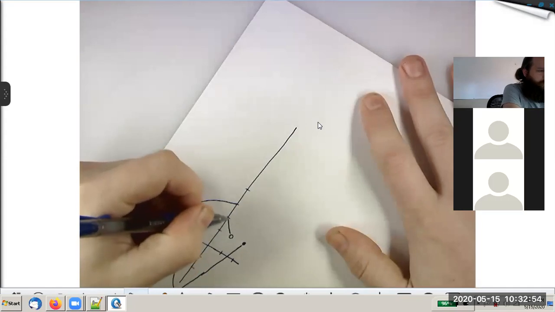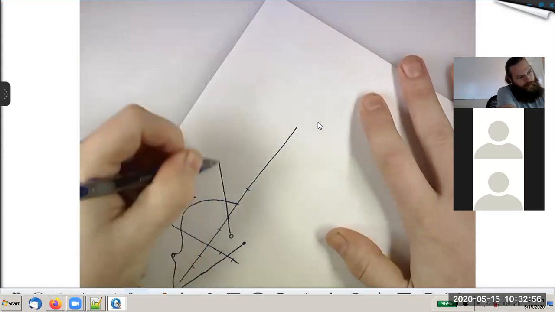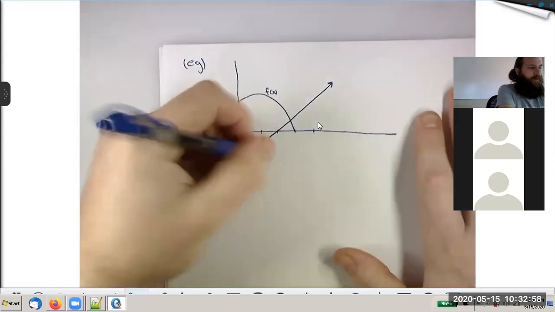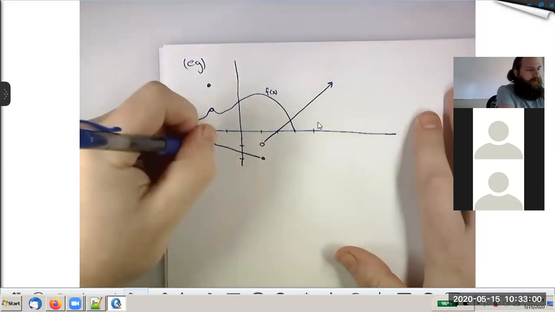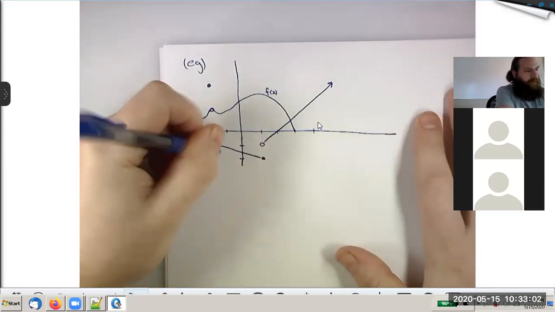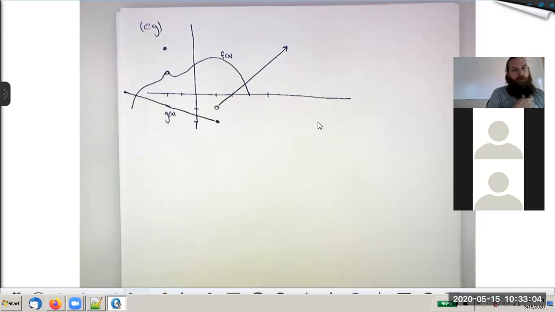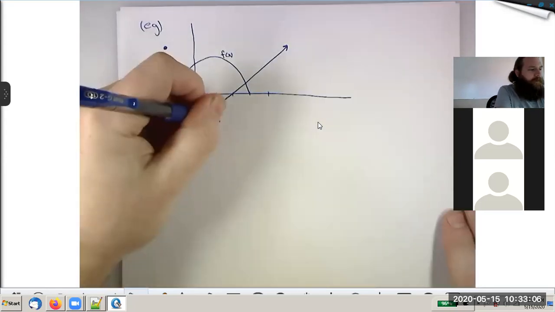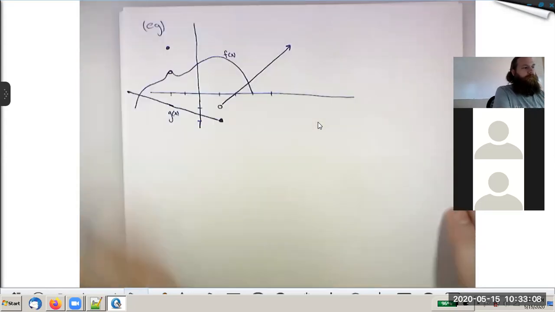Something like this. All right, so that's f of x, and this guy here is g of x. So g is the piecewise linear function, f is the curvy function.